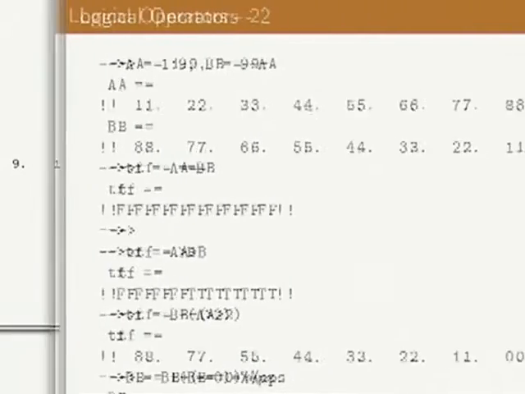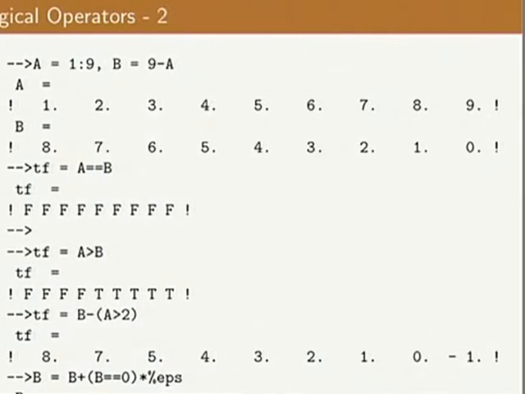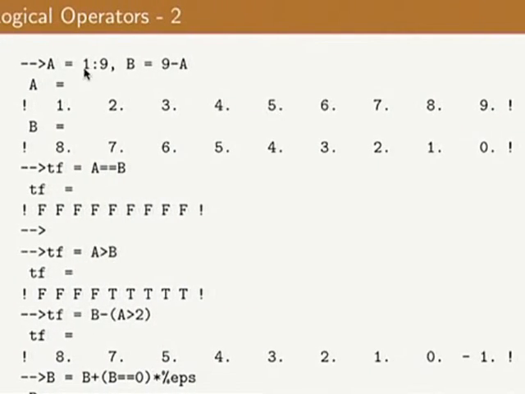Yeah. In these next 2 slides, I will bring out some really nice features of this environment. I have created two vectors. Vector A is 1 through 9 in increments of 1. B I have defined as 9 minus A. So 9 minus 1 is 8, 9 minus 2 is 7, 9 minus 3 is 6, and so on. Now I am asking this question.